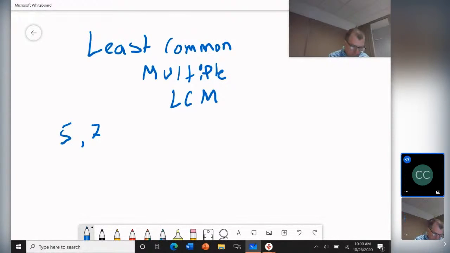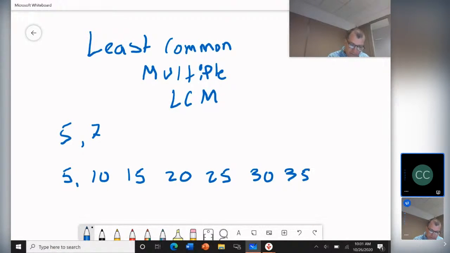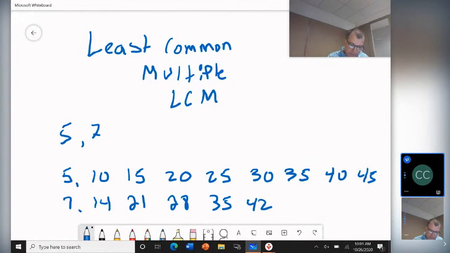So for example, you'd have 5, 10, 15, 20, 25, 30, 35, 40, 45, and you keep going. Okay, for 7, we'd have 7, 14, 21, 28, 35, 42, 49, 56, 63.